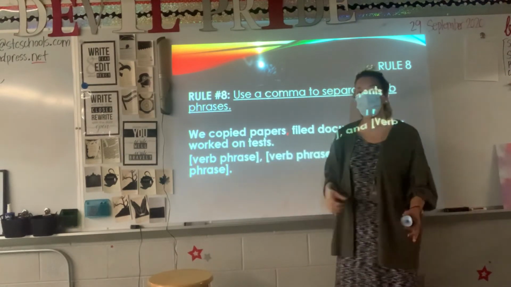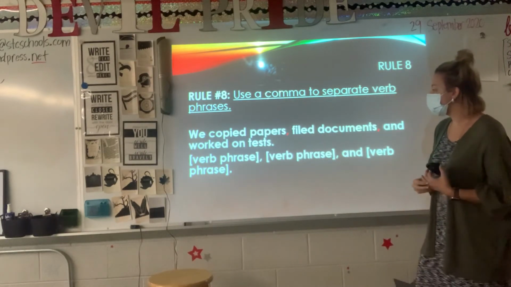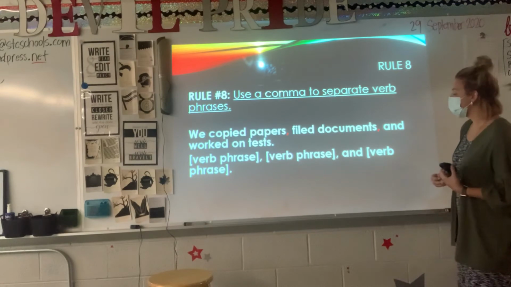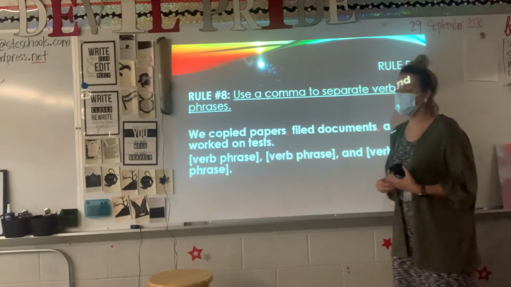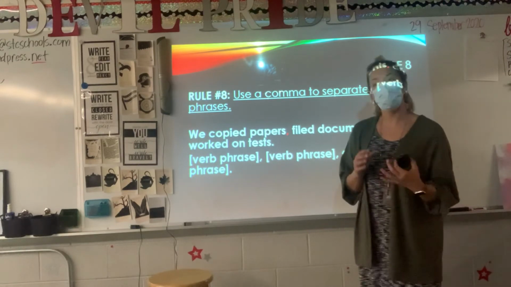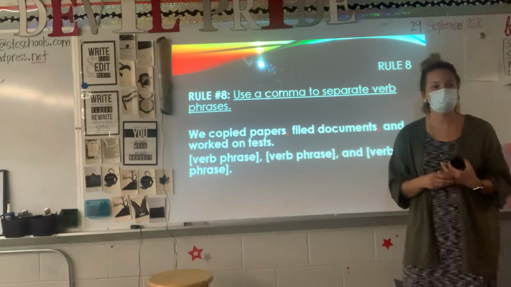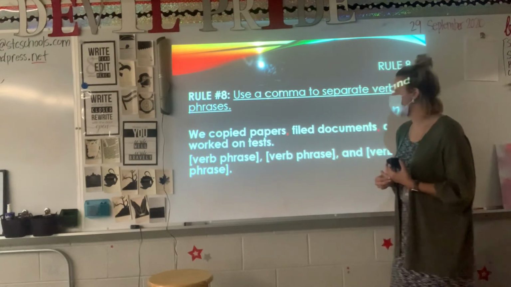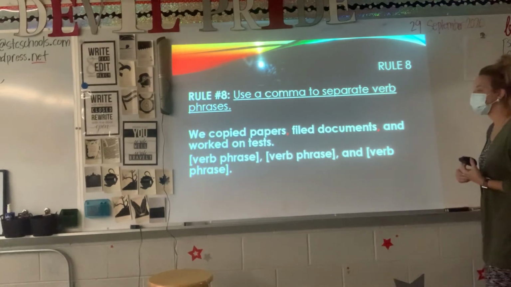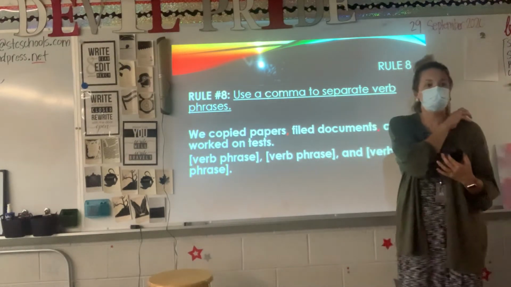And so you don't want to have a situation where you're saying something like, we copied papers, filed documents, and we will be working on tests in the future. You want to avoid phrases like that because it's not following parallel structure. So another example of that could be, we copied papers, filed documents, and my friend Susie decided she was going to work on tests.